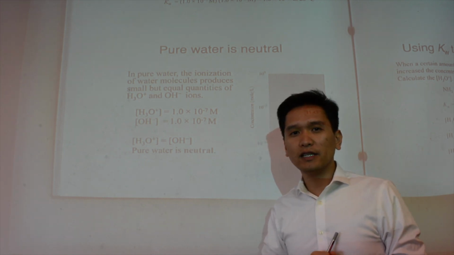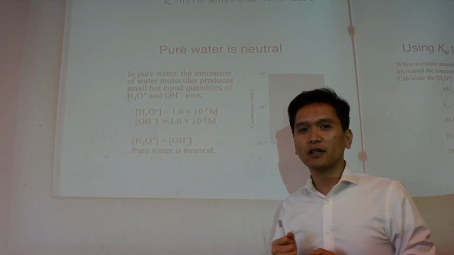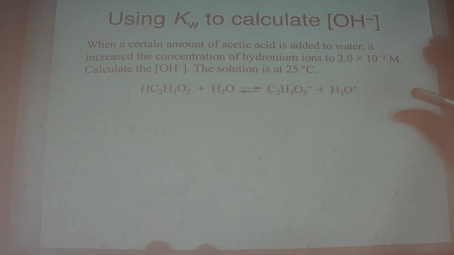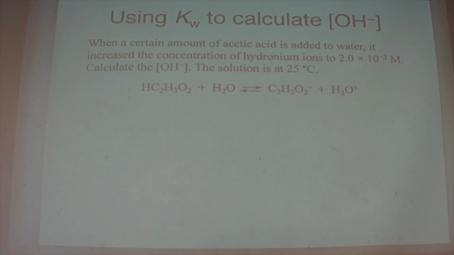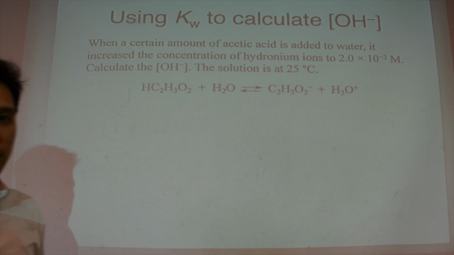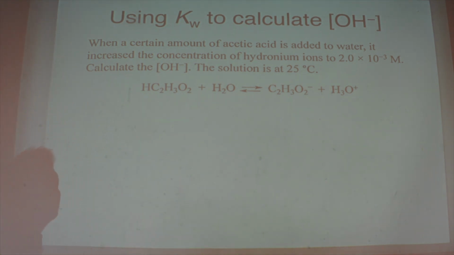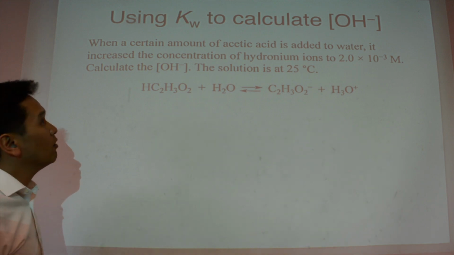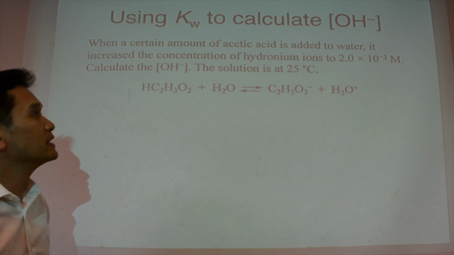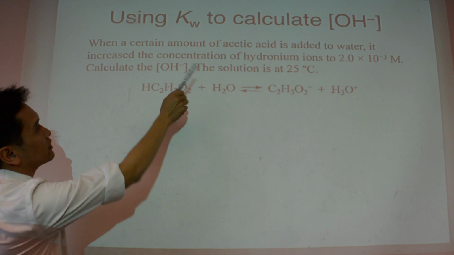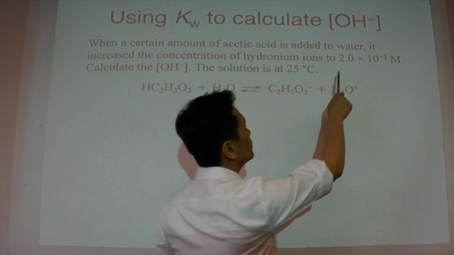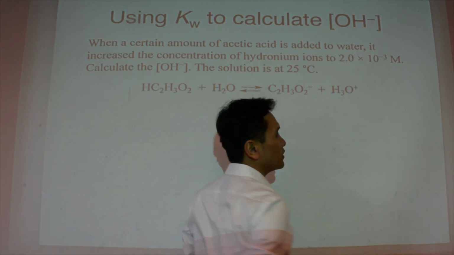Let's do some calculations to find the different concentrations. You can go in any direction, but let's go ahead and try this one. Using Kw, we can calculate hydroxide concentration. So when a certain amount of acetic acid is added to water, it increased the concentration of hydronium ions to 2.0 times 10 to the negative 3 molar.